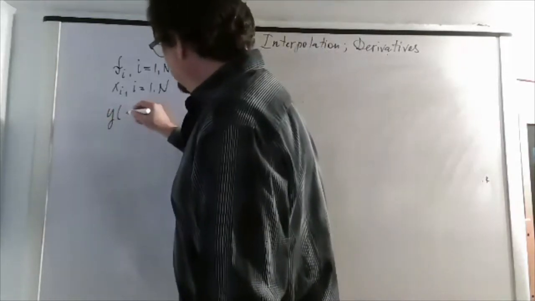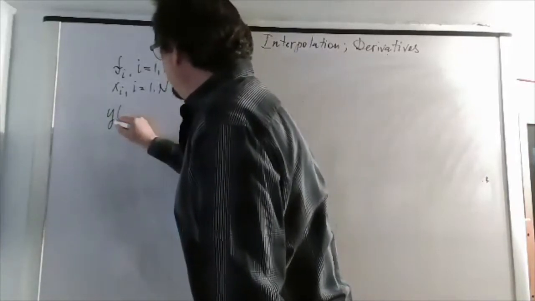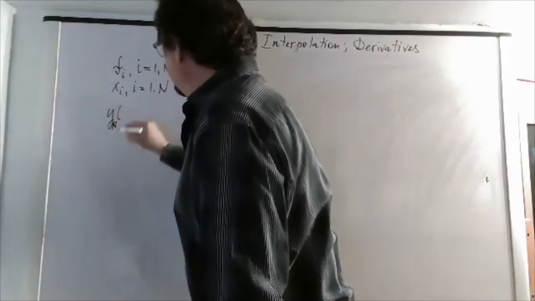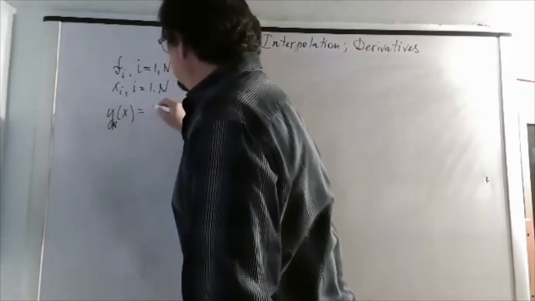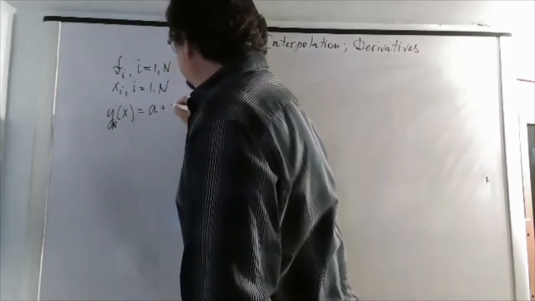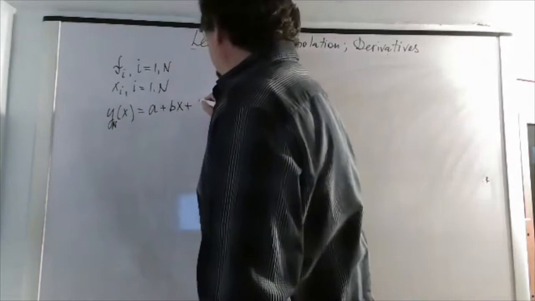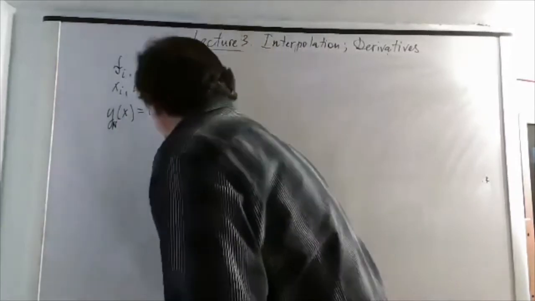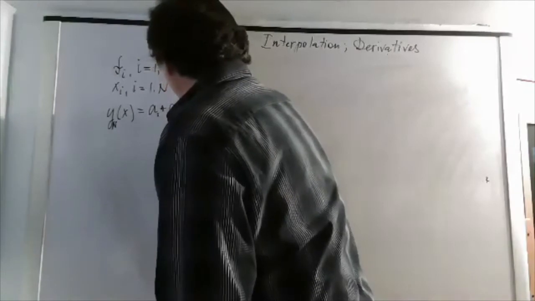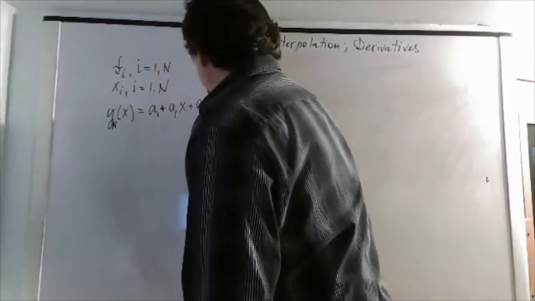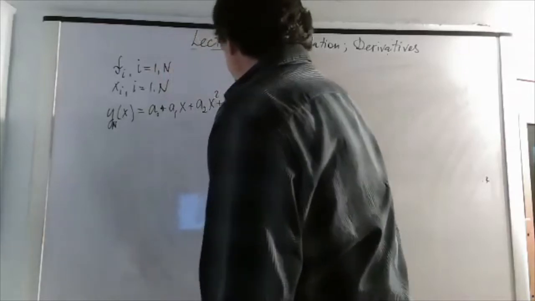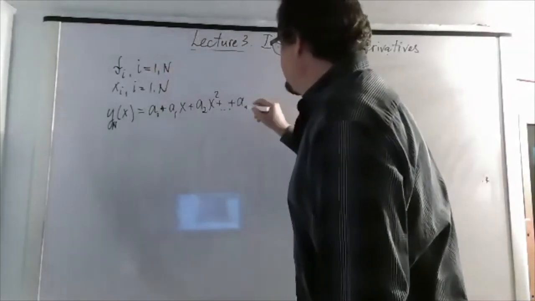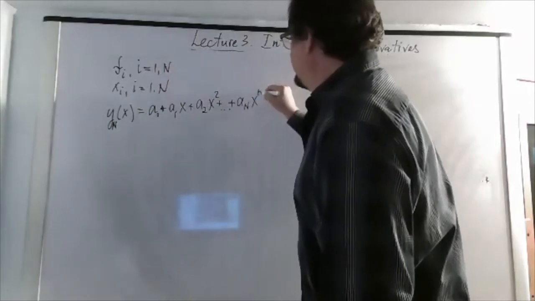So this polynomial, call it y, polynomial of order n, equals to a0 plus a1 x plus a2 x squared plus and so on, an x to the power of n.